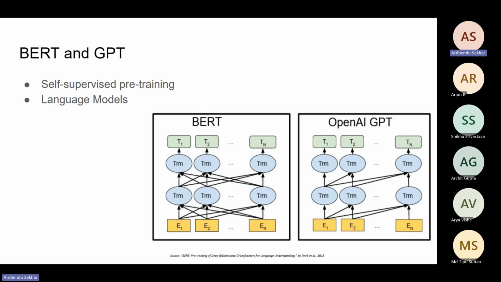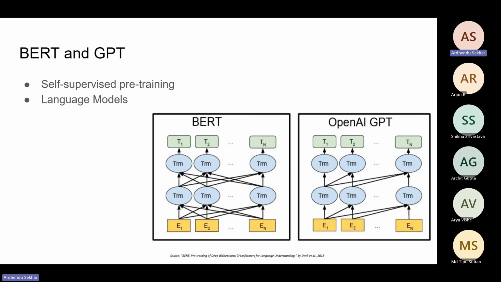In BERT, the task is called masked language modeling. I randomly take words in between the sentence and ask the model to learn them. So every input can talk to every other input, because you might know the first word and the last word while the middle word is missing. But in GPT's case, that's not the case. It's always the last word that will be missing, and it has to predict the last word.